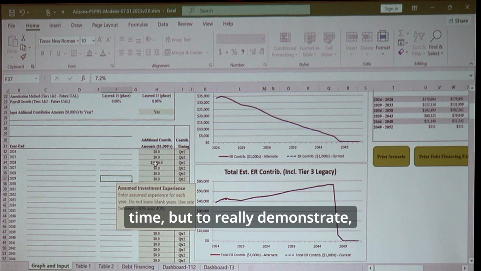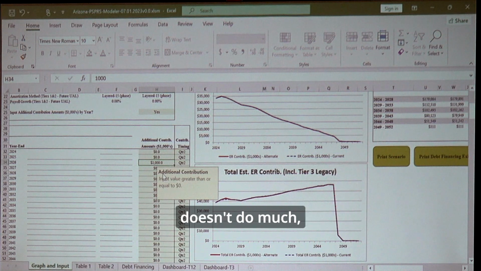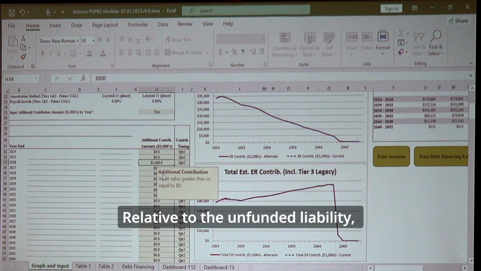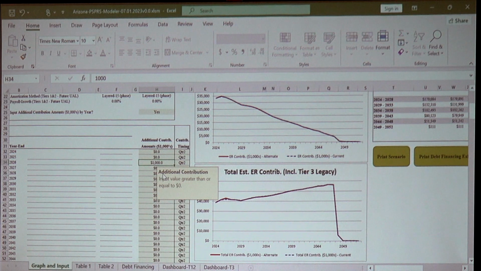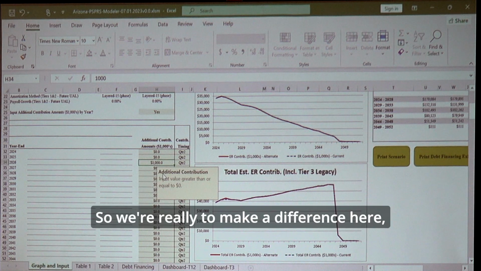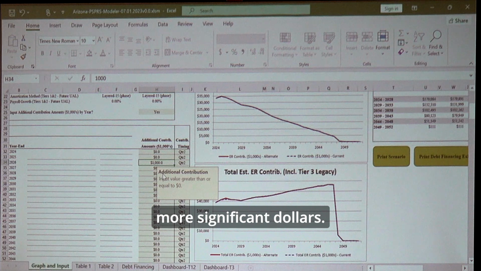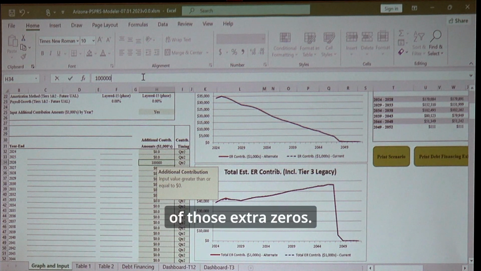But to really demonstrate, putting in a $1 million there doesn't do much, because why would that be? Relative to the unfunded liability, it's not a lot of dollars. Okay? So to make a difference here, we've got to put in more significant dollars. So what we're going to do here is add a couple of other extra zeros.